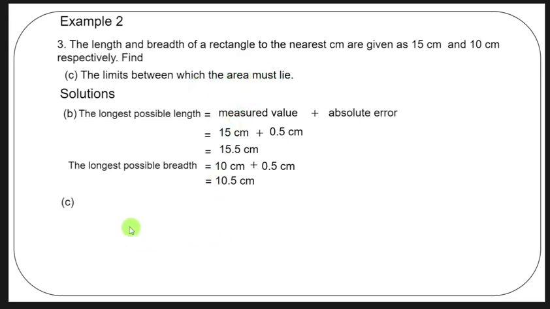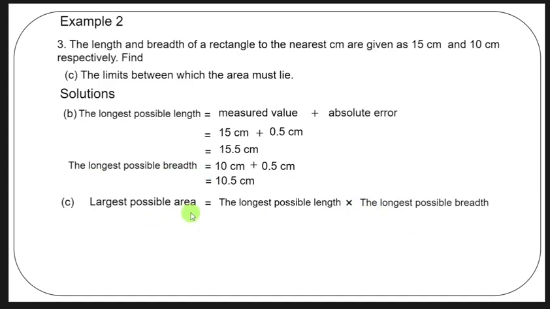So we'll say equals the largest possible area. We will deal first with the largest possible area, which is going to be the longest possible length times the longest possible breadth, because remember area is given by length times breadth.